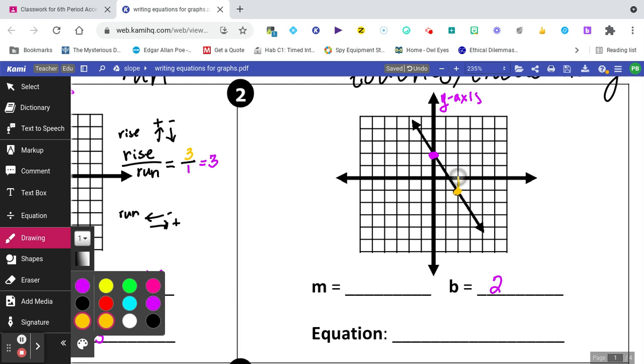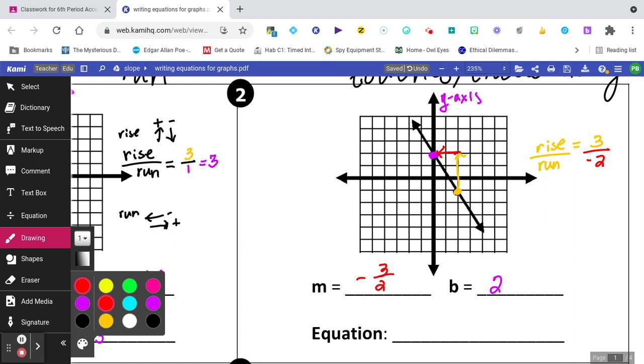So I'm going to rise 1, 2, 3. So I have a rise of 3. But be careful of the run this time, because you have to turn and go to the left. Left, 1, 2. So if you go left, it's -2. So my slope is -3/2.